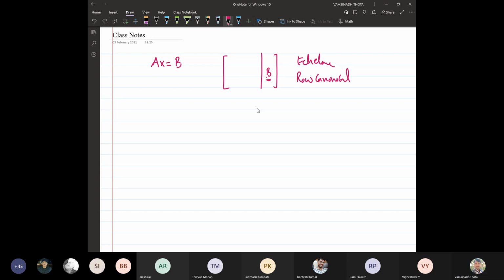Whereas for finding the solution of this system using the LU decomposition, we are not worrying about what B is. Initially, we are worrying about the factorization of A. This is the main step, step 1.